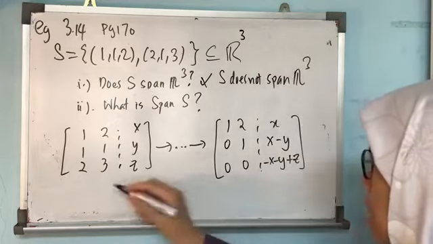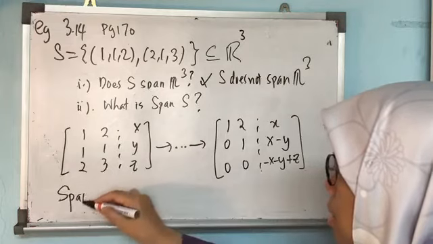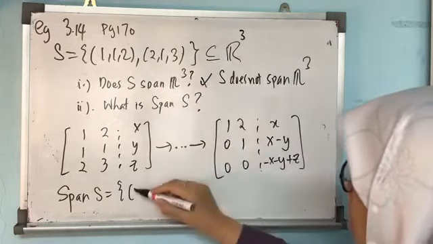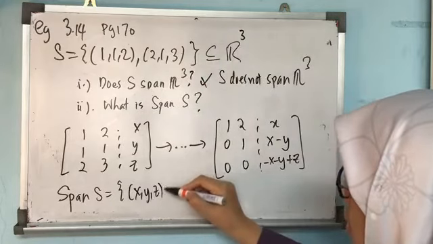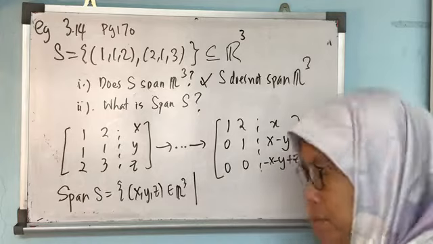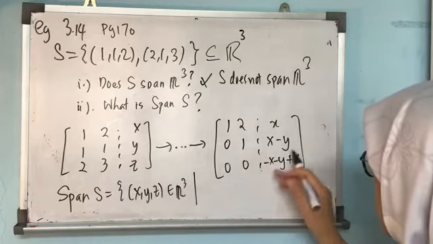But what is the span? Span of S is, it has to be in R3, so X, Y, Z in R3, such that this equals 0.